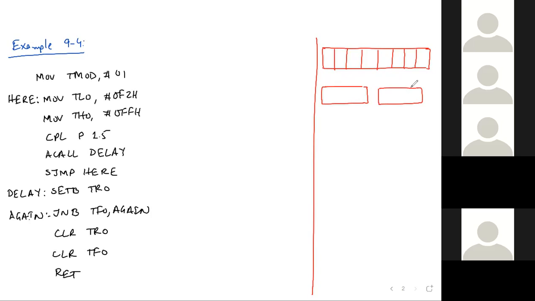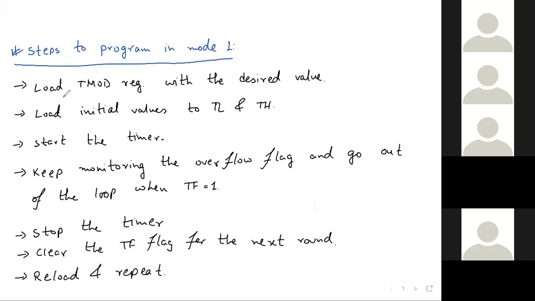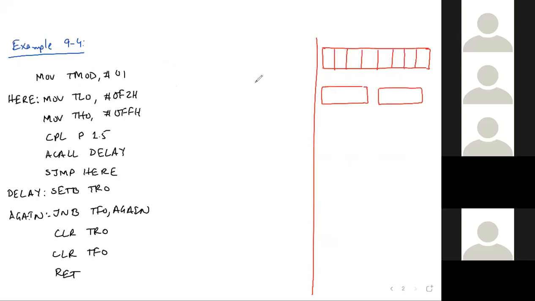All right, now this is the code. Let us just analyze the code. The first line says load the TMOD register with the desired value. As you can see, we have loaded TMOD with 01.